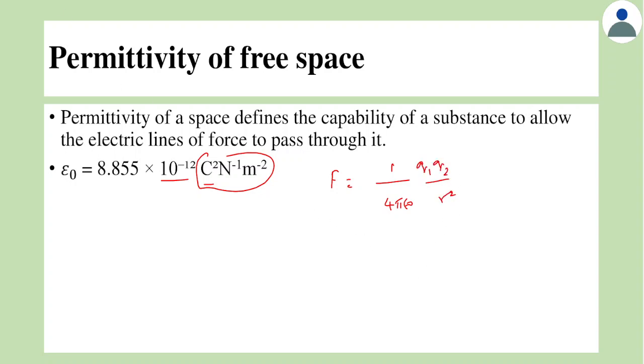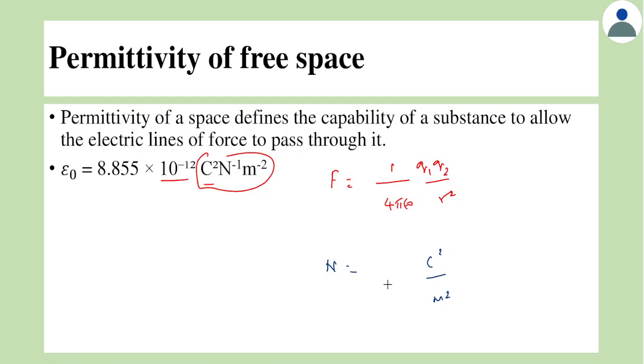And from here, if you cross multiply, then epsilon naught is equal to Q1 Q2 by 4 pi, or, to make it simpler, directly also here. So the dimension of force is Newton, and dimensionally this would be Coulomb square, this is meter square.